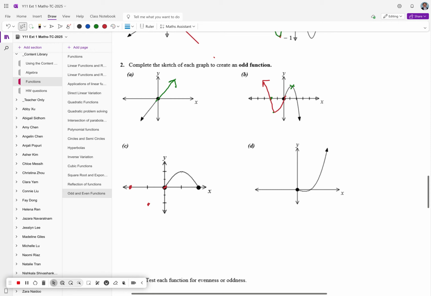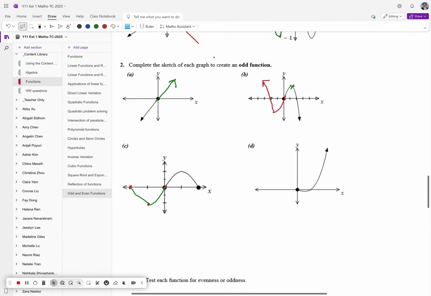However, this point here, when I reflect it across and then down, that's where it goes. So to complete that sketch to make it an odd function, whoops, try that again. Digital ink's not so good. Something like that.